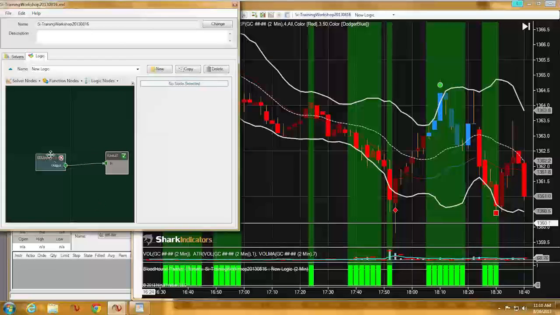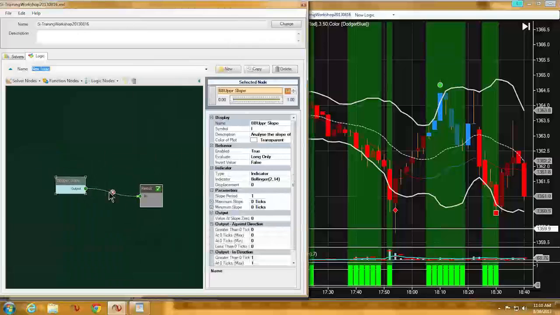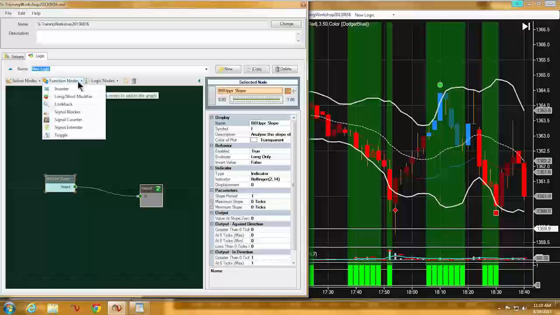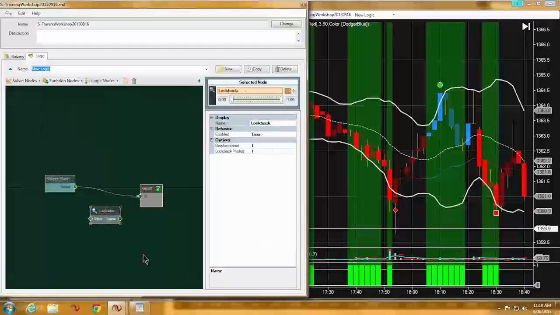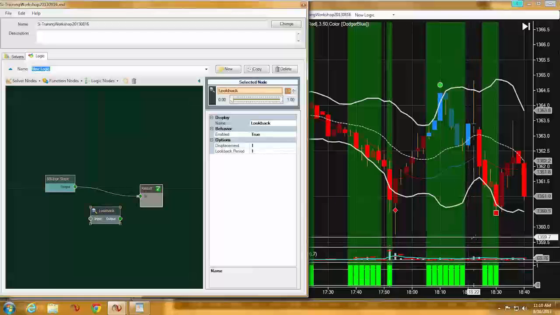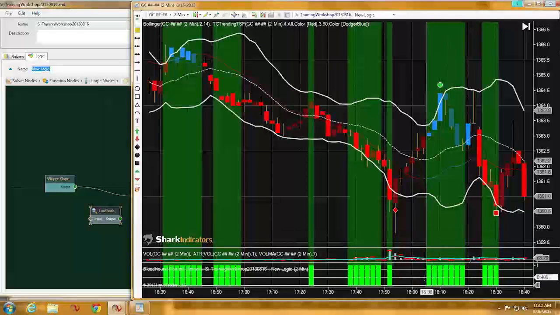All right, so let's do some experimenting here. My first thought is I'm going to use the look back solver. So what Darren wants is an exit signal when the long signals disappear, for my example.